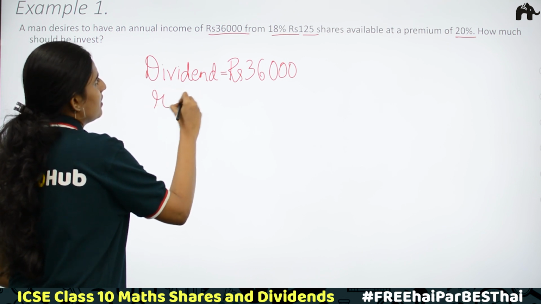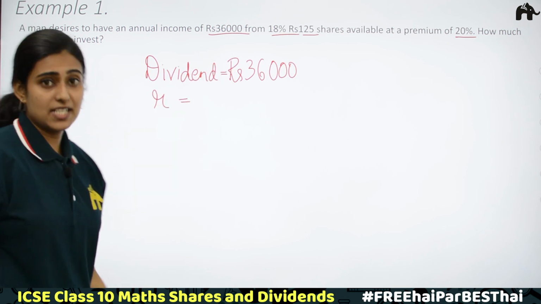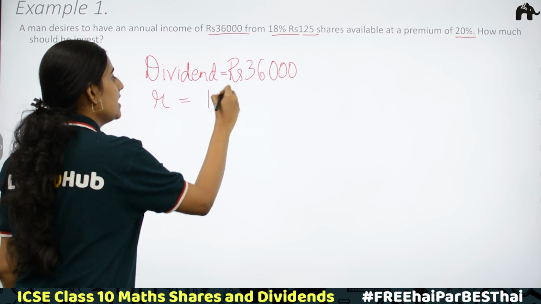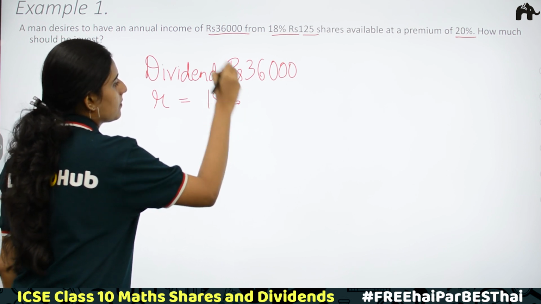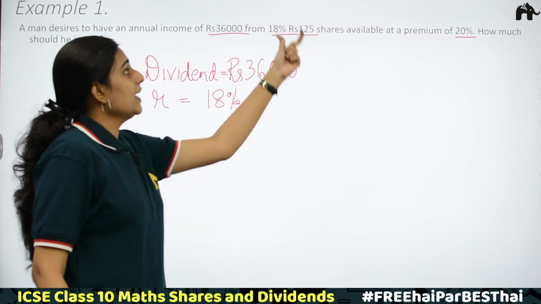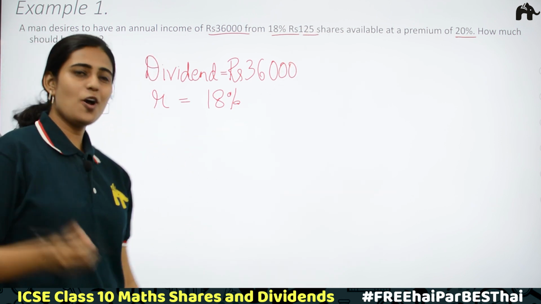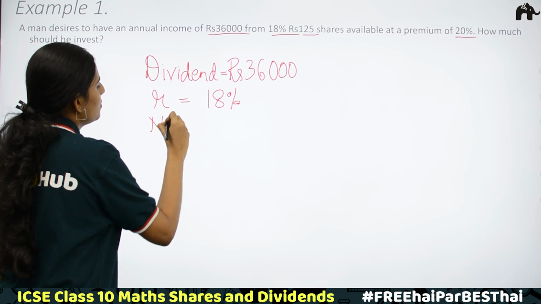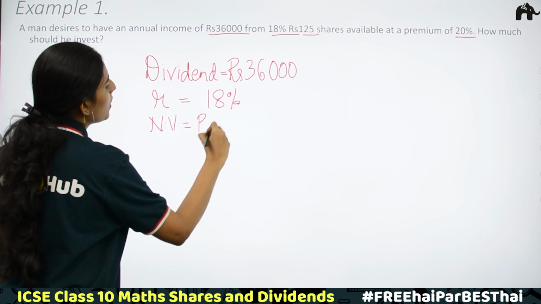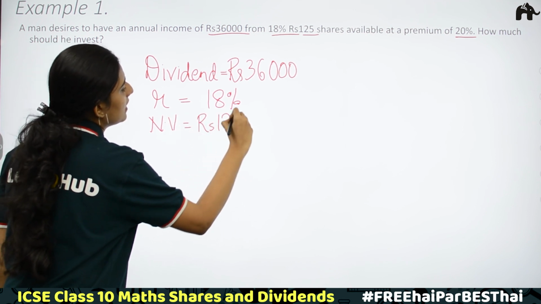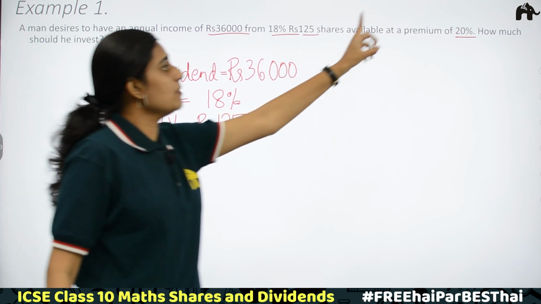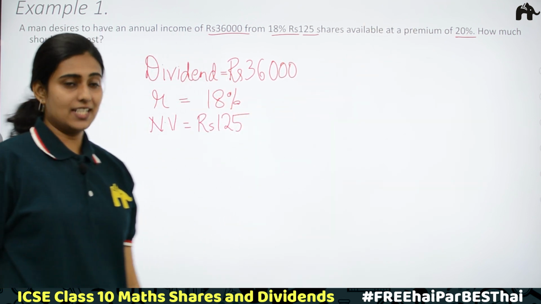That is the rate of dividend. Rate of dividend or dividend percentage is equal to 18%. Rupees 125 shares. Rupees 125 is the nominal value. Nominal value is equal to rupees 125. Available at a premium of 20%.